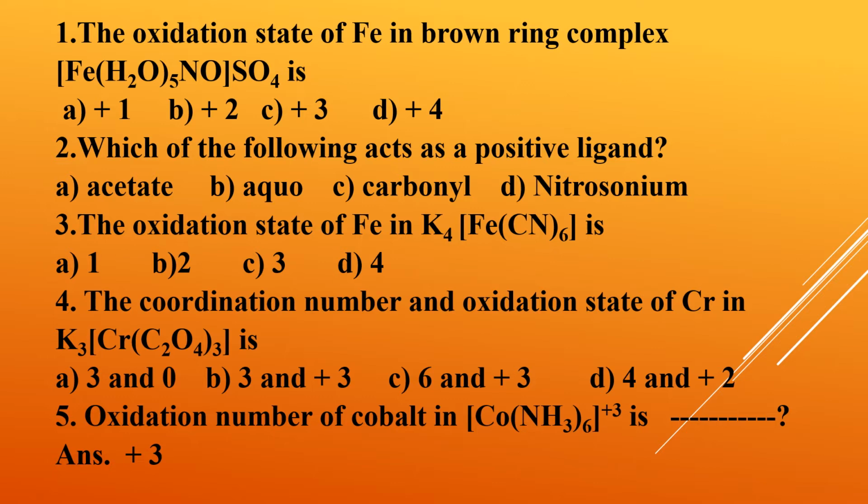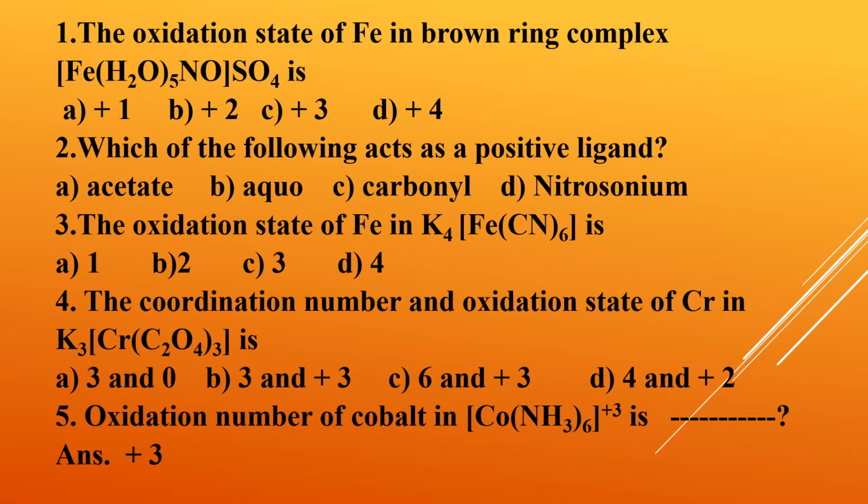X plus 0 into 5 plus 0 into 1 is equal to plus 2. Why? Because it is SO4, so it has minus 2 charge on it. That means the complex ion will have plus 2 charge on it. So [Fe(H2O)5NO]2+ is the complex ion.